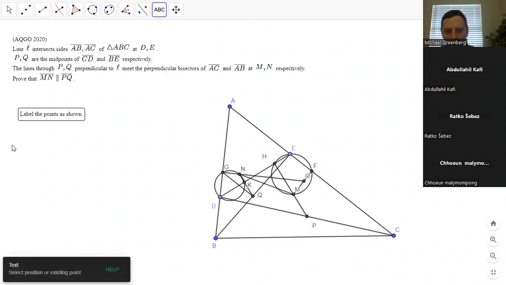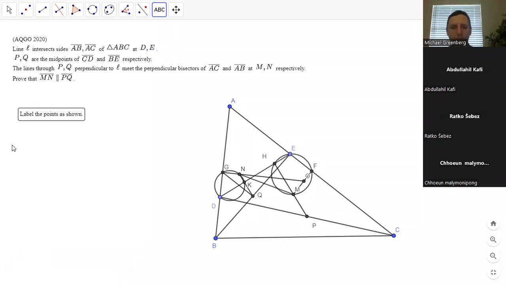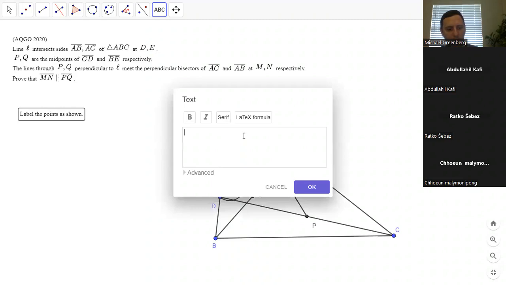So in triangle GNQ, GQ equals half AE. GQ is equal to AE over 2.